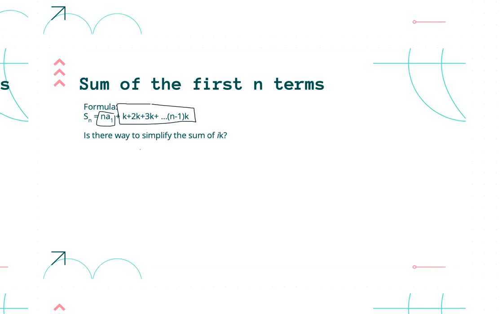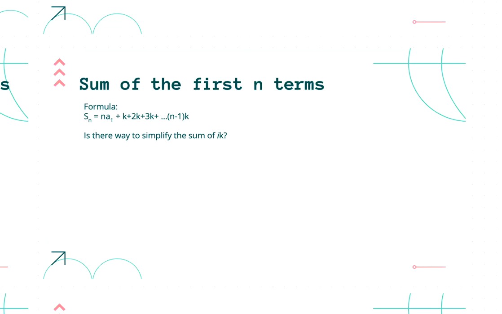Because, say for example, A3 is going to be A2 plus K, which equals A1 plus K plus K, right? So this is going to be 2K. So for the nth term, you get the common difference n minus 1 times.